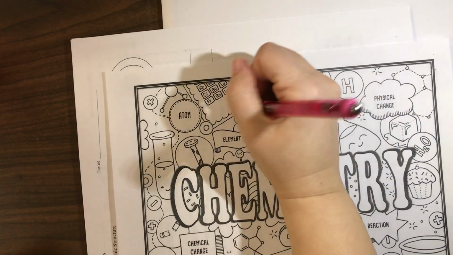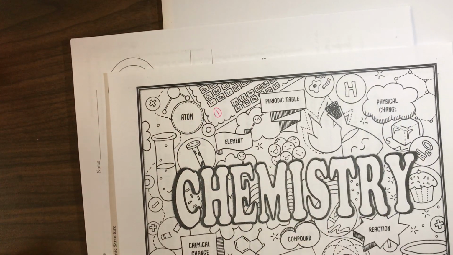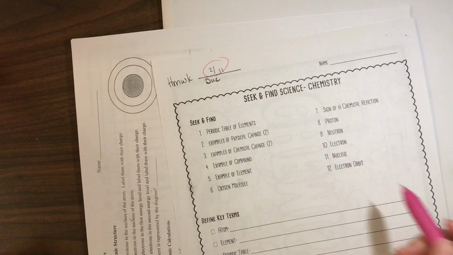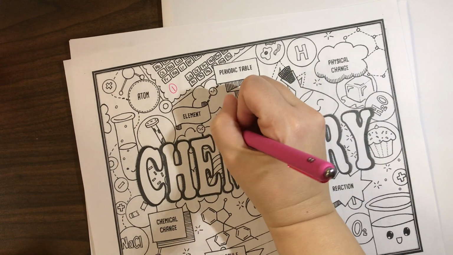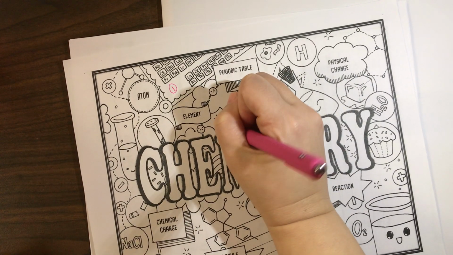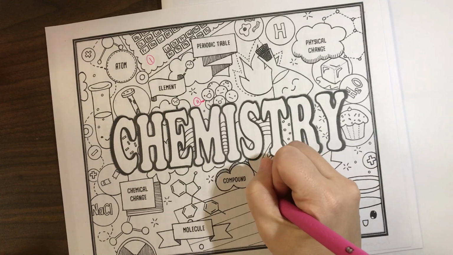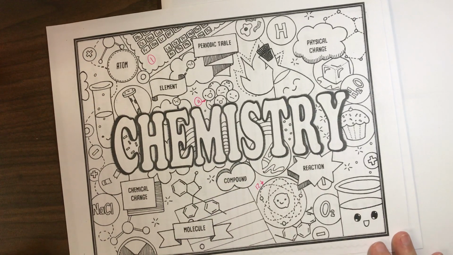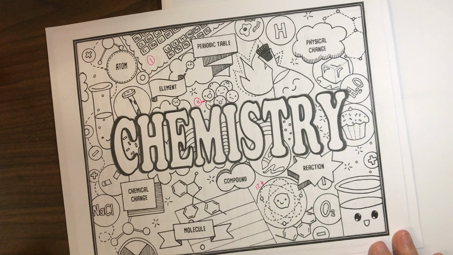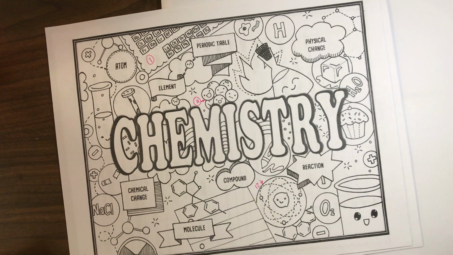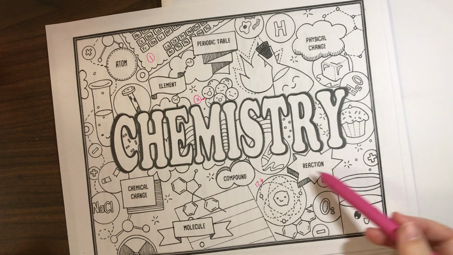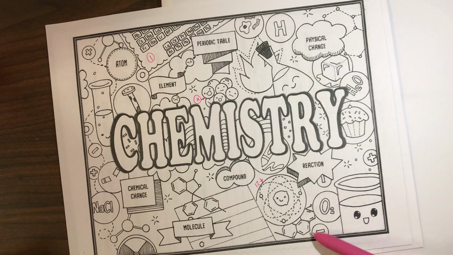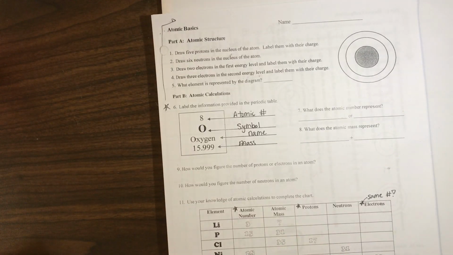If I look at number 11, which is nucleus, find it. Number 12 has to do with the electron orbit. You put the numbers next to the image that represents it. You can't use the words in the boxes; you have to use the picture, not just the word part. So that's that piece.